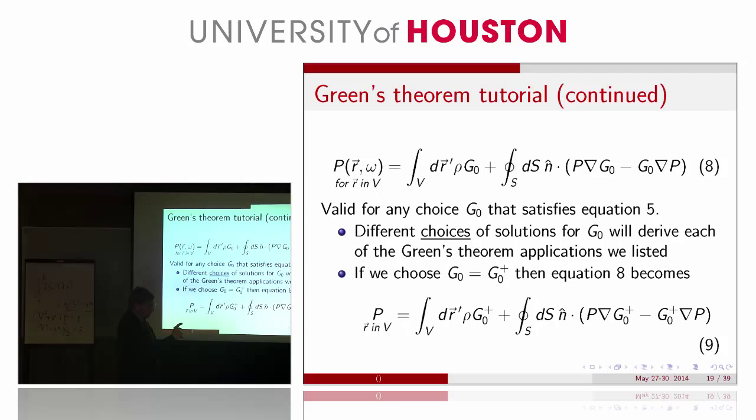That business before, P is integral rho G0 plus. Has to be G0 plus. If you want P to be causal, you have to add a causal weighted sum.